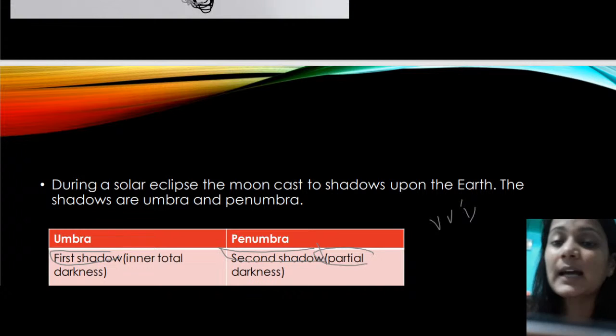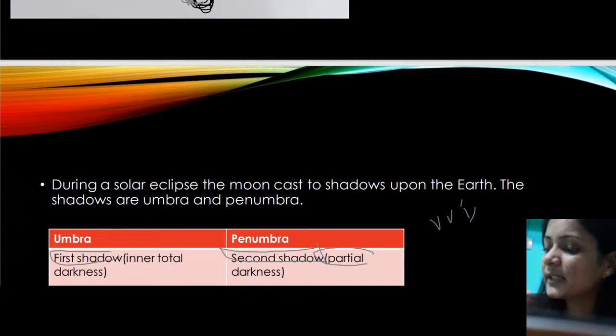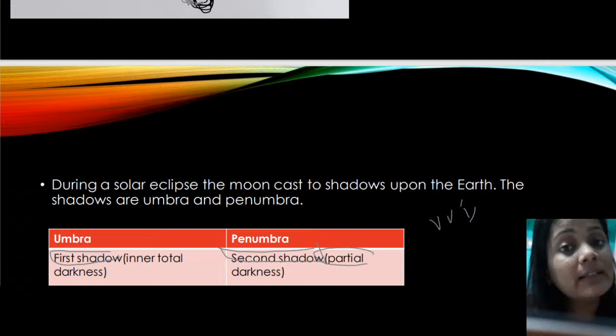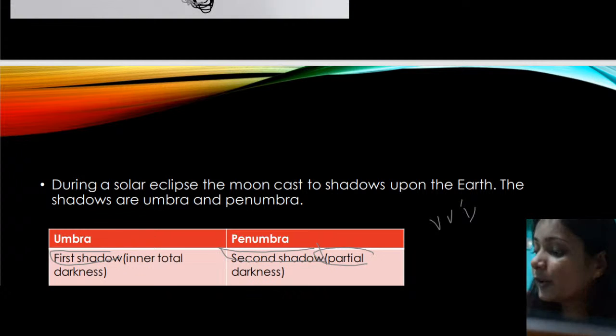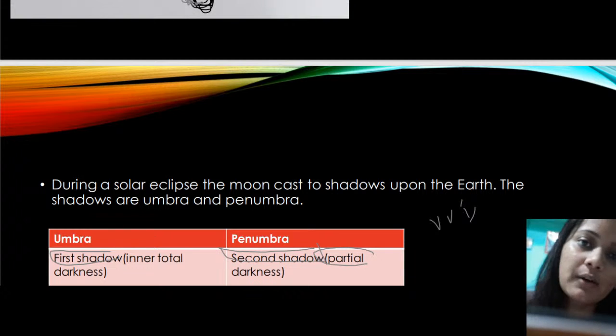But actually these are thoughts which were followed by the people of ancient times, and nowadays it is not like that. The only thing we need to take care of is that during the eclipses we cannot look at the sun or anything directly with the eye, because the rays falling at that time are very harmful. It can affect your eye, so you should not look at that directly with your naked eye.